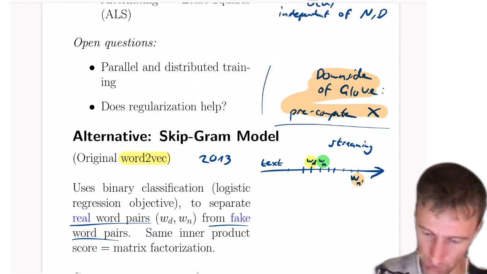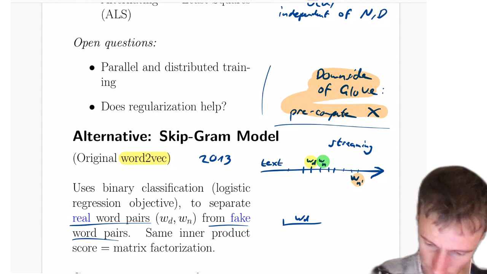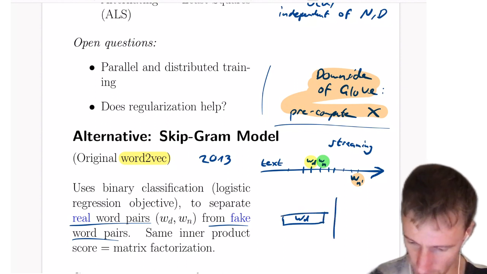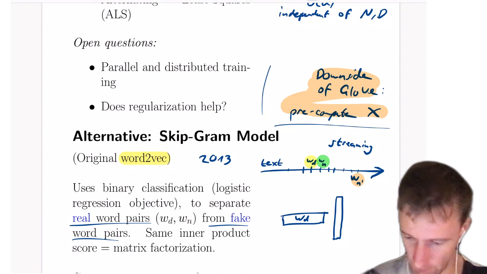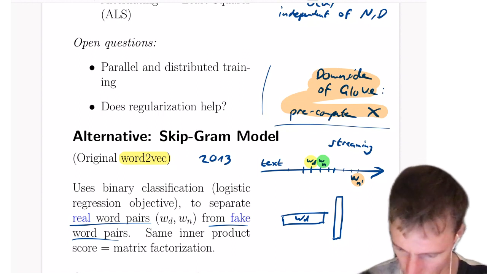I would argue the simplest way is actually to take the current word vector we have of our main word D and to multiply that with the one of our neighboring words. So that's the real pair, WN.